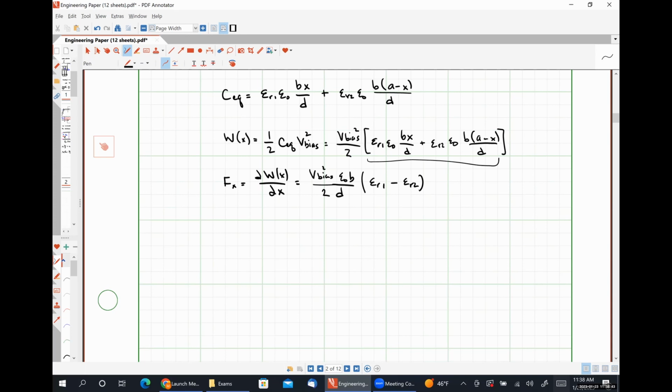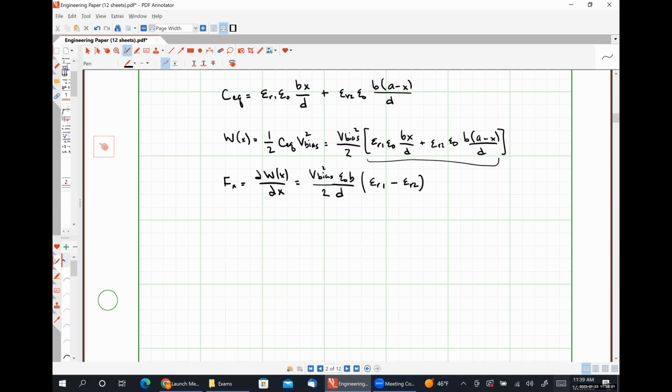So it depends on the bias voltage squared, which means, once again, the force always acts to increase the capacitance in our system. And in this case, it's also proportional to the difference in dielectric constants.